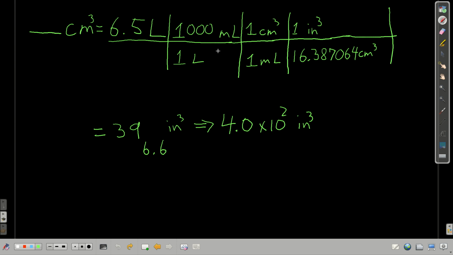So now all we do is set it up, right? So we want to know how many cubic inches is equal to 6.5 liters. Looking at our conversion factors, so here's where it's the dimensional analysis. Okay, we're algebraically making the units cancel.